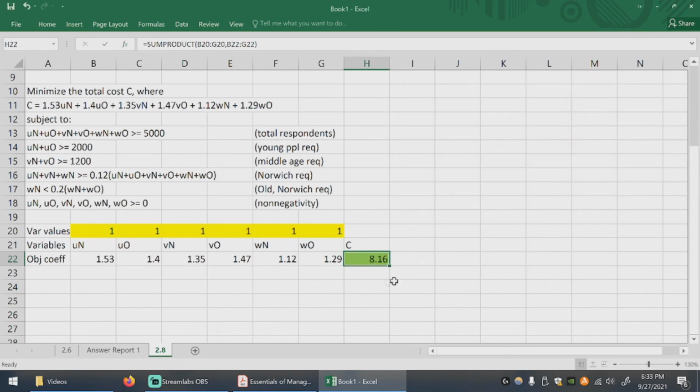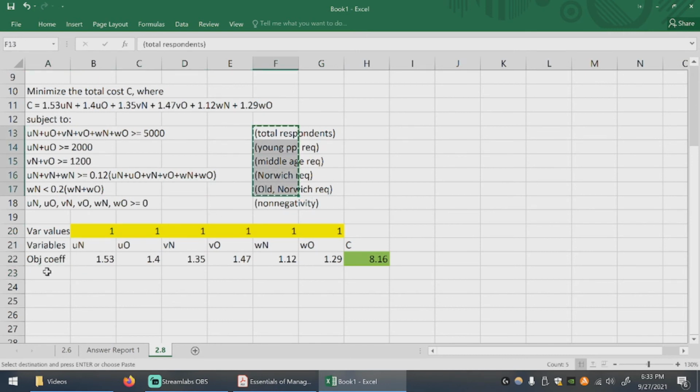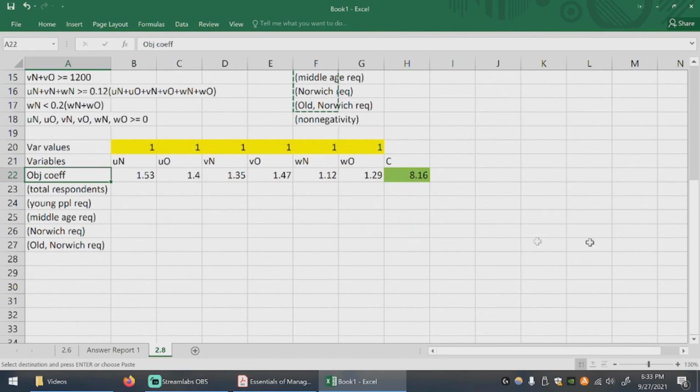Boom. What does that 8.16 mean? Absolutely nothing. It's just a temporary check to see if the formula makes sense. Then I have my objectives. No, I have one objective. It's done. My constraints can go over here.